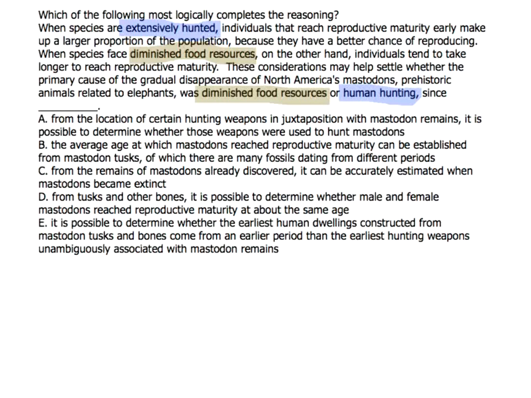So the deal is that extensive hunting goes with a larger percent of reproductively mature, or basically fast-growing individuals, is what that means in simpler terms.